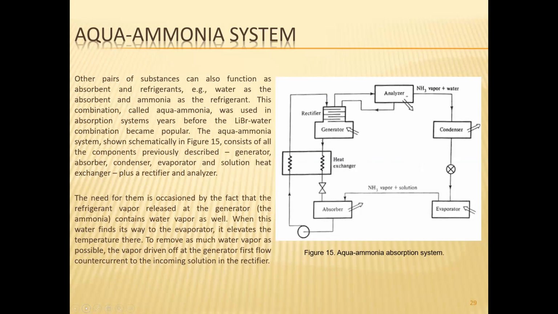So the example here is lithium bromide. The aqua ammonia system shown schematically in figure 15 consists of all the components previously described: generator, absorber, condenser, evaporator, and solution heat exchanger, plus a rectifier and analyzer.